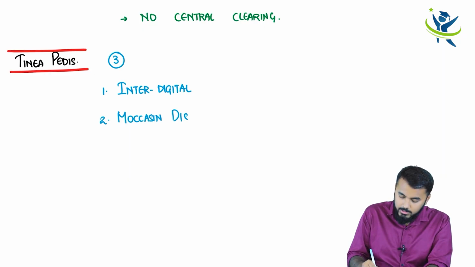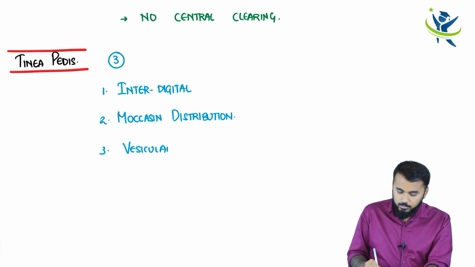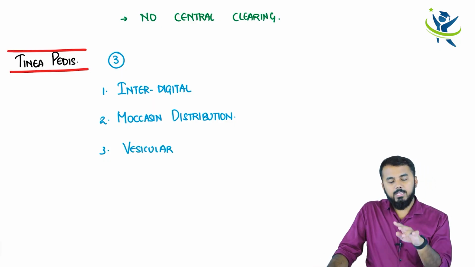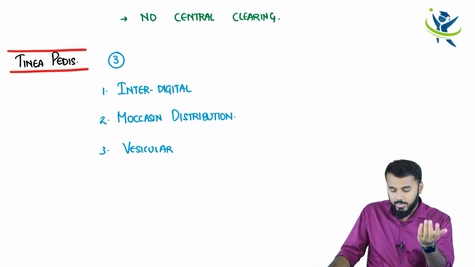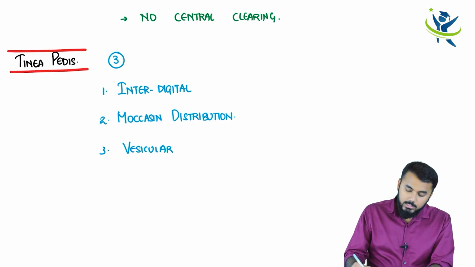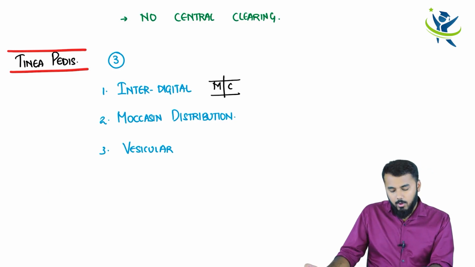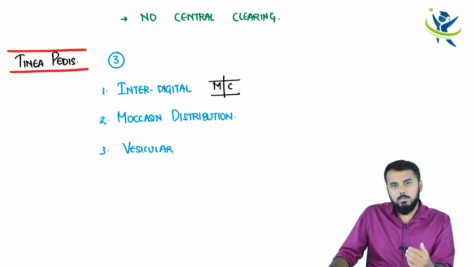I'll show you the picture. And finally, it can also be of vesicular type. So it can be interdigital between the digits in the web spaces, moccasin distribution, or vesicular type. Out of all three, interdigital is the most common presentation of Tinea pedis which we see.